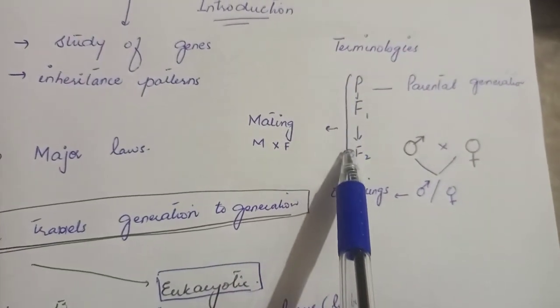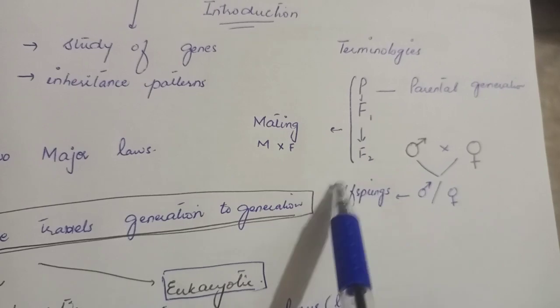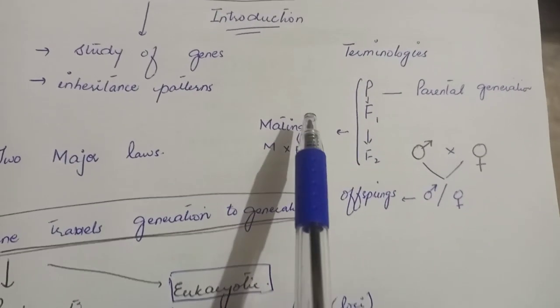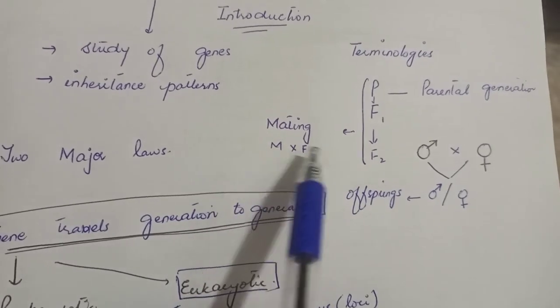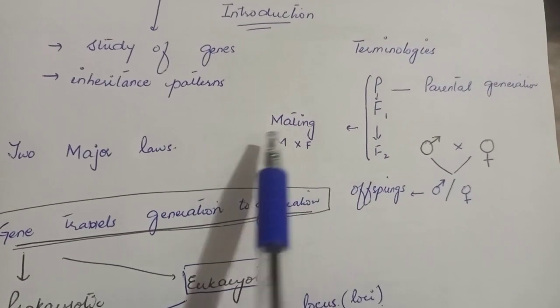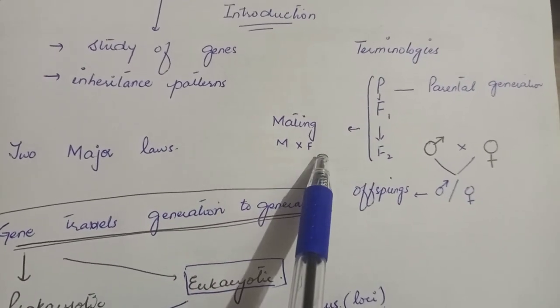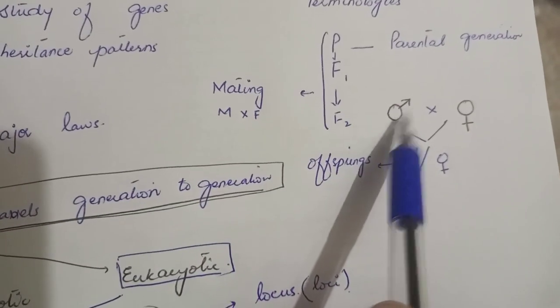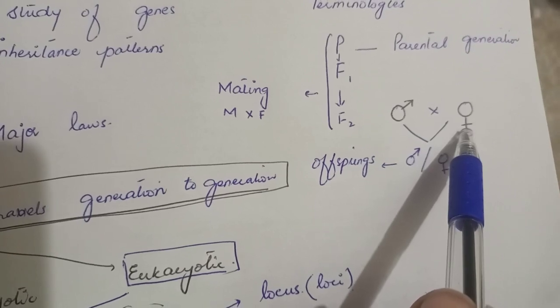All these characters transfer from one generation to another, and this is done by mating, and the mating is done by male and female characters. This is the sign for the male character, and this is the sign for the female character.